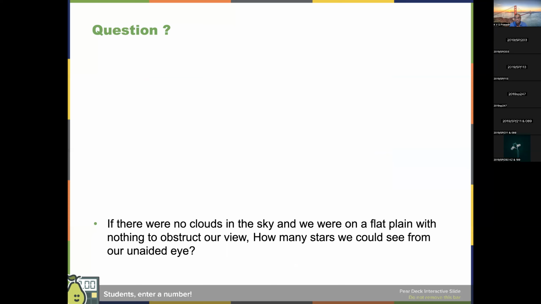So that means, let's say in a fairly dark location on the Earth, if you go there and your surface is completely flat, so that you can see all the horizons around you, generally how many stars will you see on the sky with your unaided eye, which means just without using a telescope or anything? Do you have an answer for this one? How many stars will you see in the sky usually?